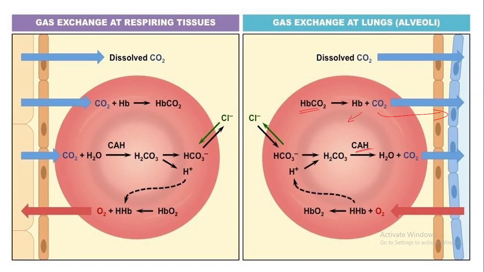Here carbonic anhydrase is going to reverse the reaction to form water, and again CO2 is sent into the alveoli, and the one in the dissolved form is directly sent across the surfaces. Okay, yeah, so you can just have a look at this chart as well.